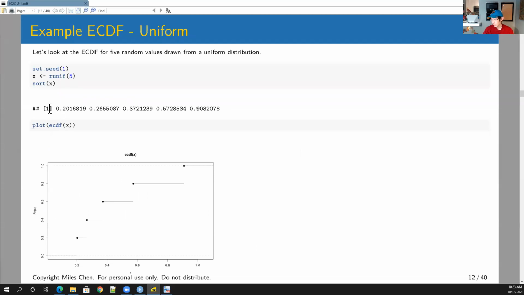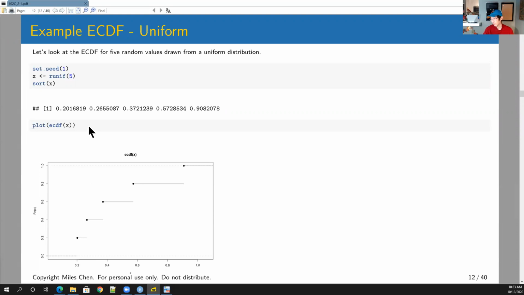No elements. As I go up x or t, none of the elements are less than this. As soon as I get to 0.201, I have one element less than it, so my empirical CDF is 1 divided by 5, which is 0.2.